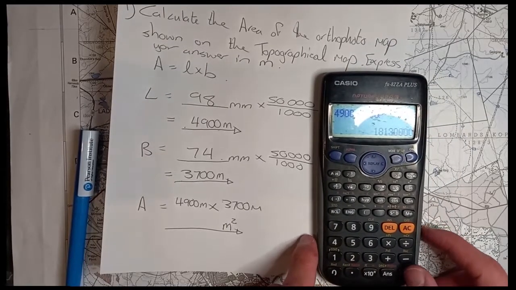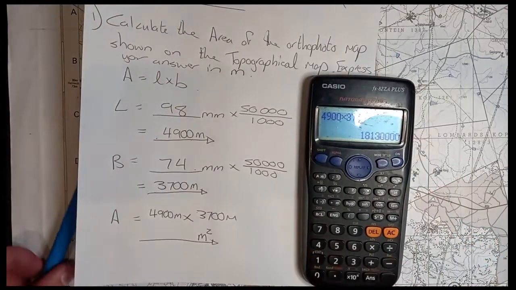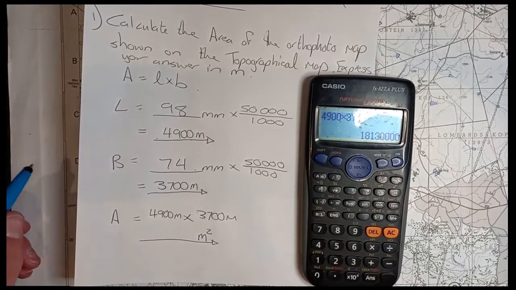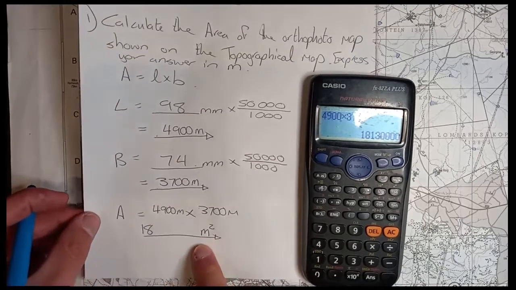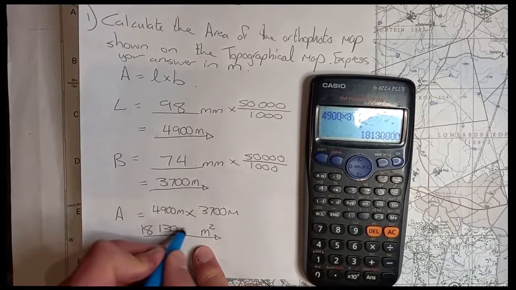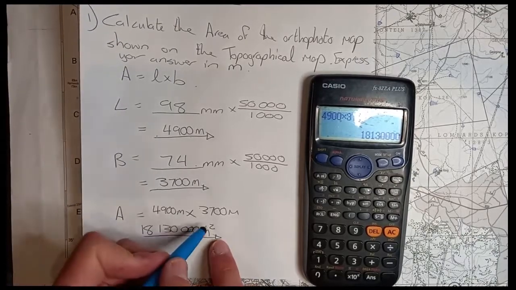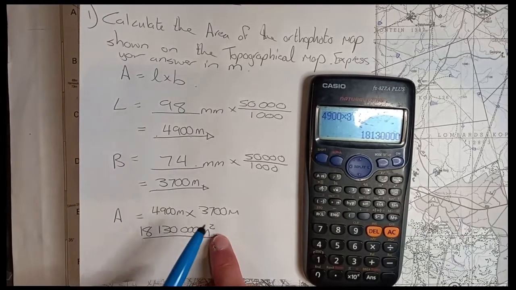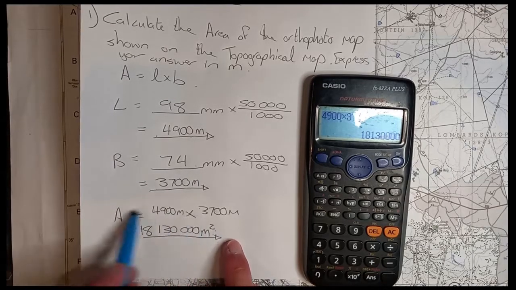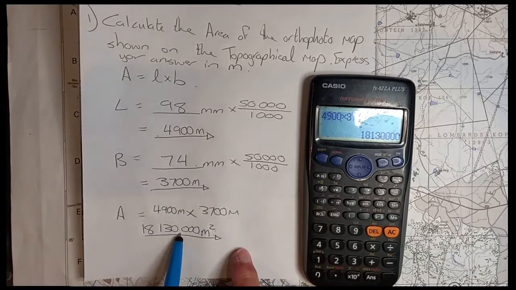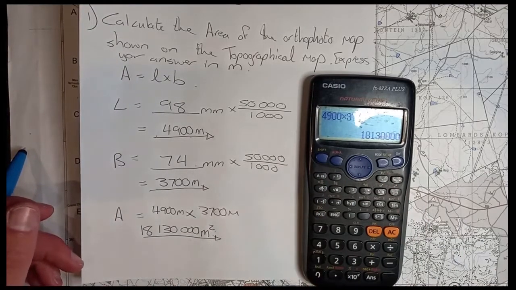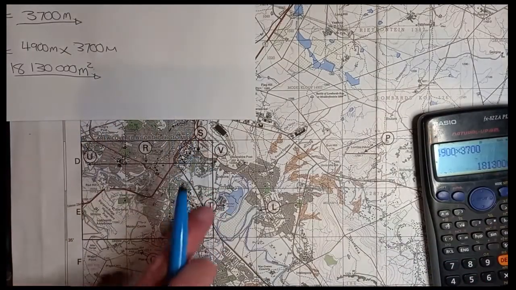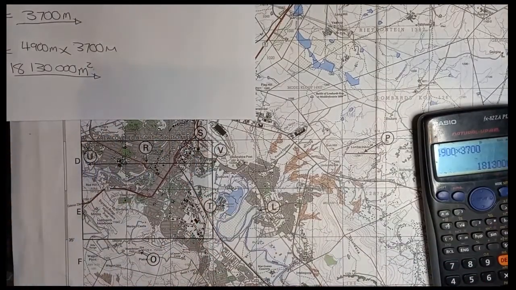And that is going to give me 18,130,000 meters squared. Remember that square. If you do not put the square, you do not get that final mark for your area calculation. And that is how we calculate area, especially the area of the orthophoto map that is shown here on the topographical map.